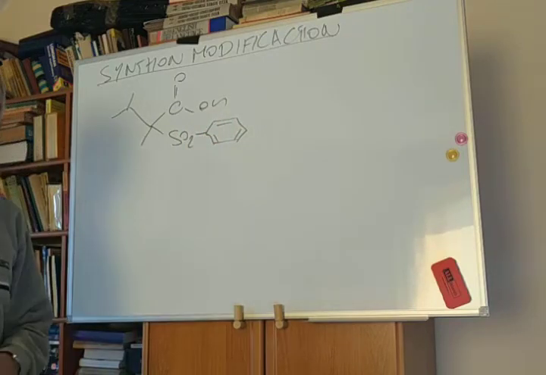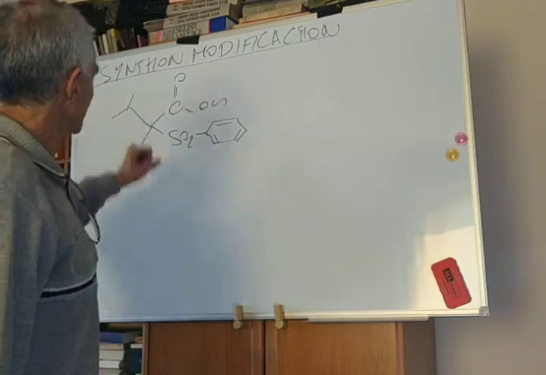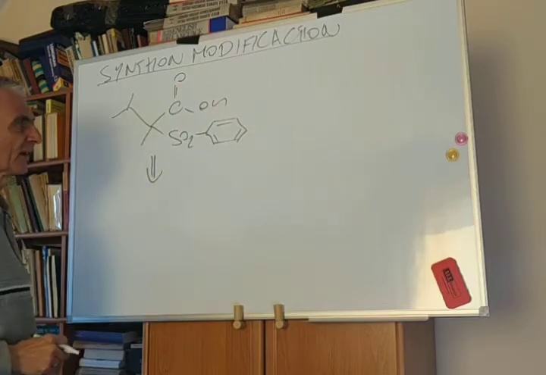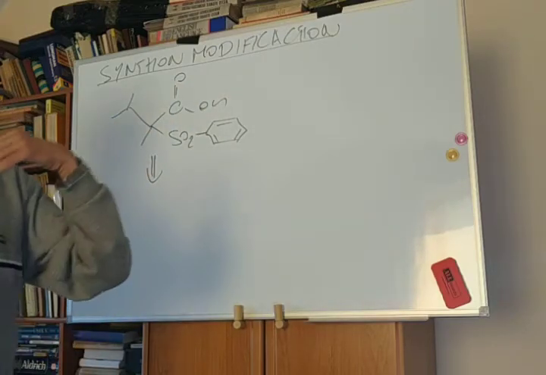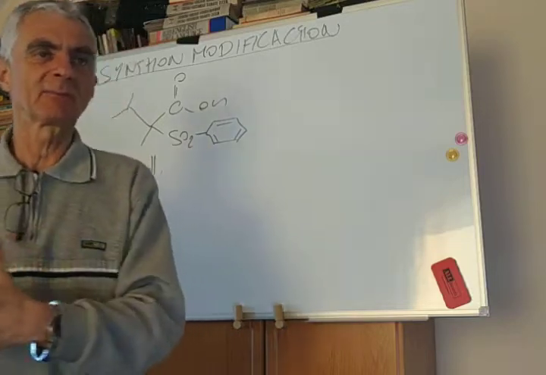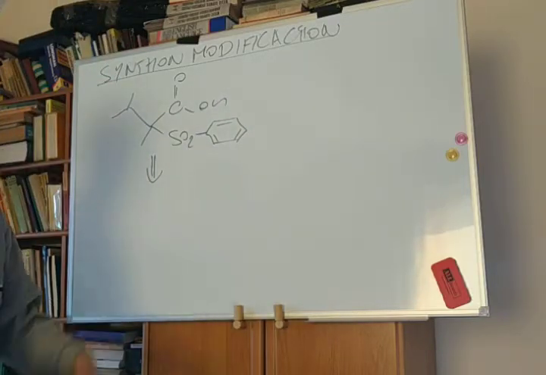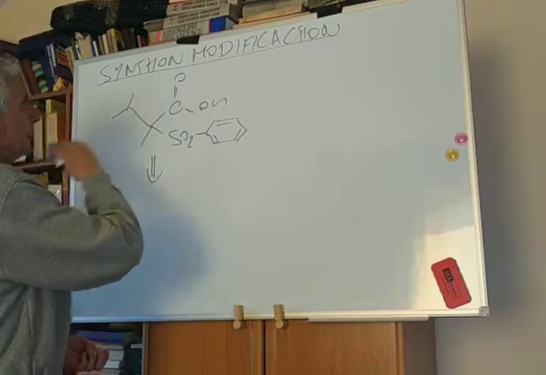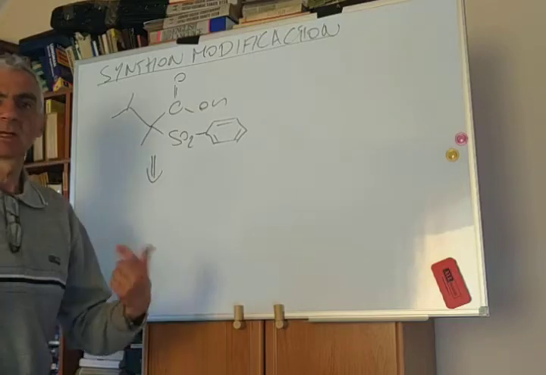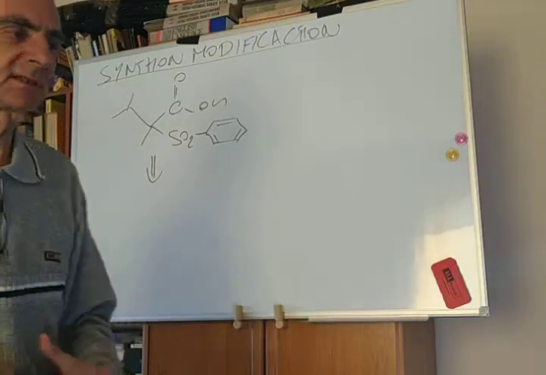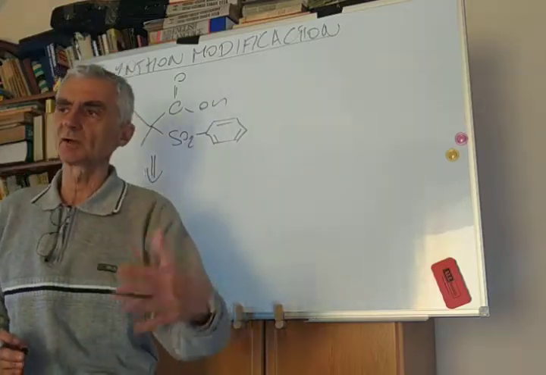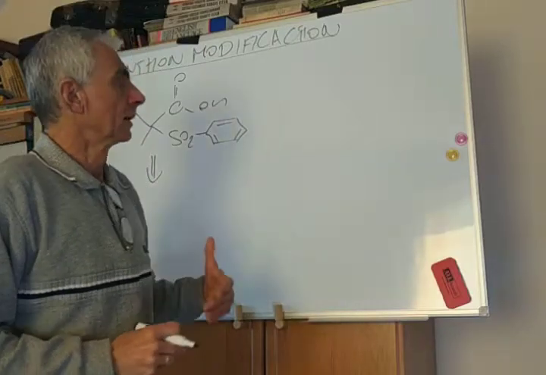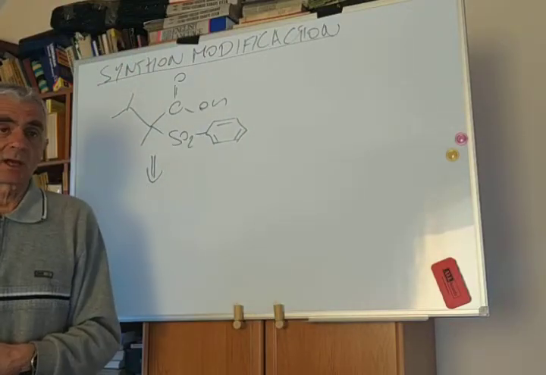So, this derivative of carboxylic acid is a lovely molecule for disconnection because of this functionality, which provides a variety of potential disconnections, a variety of potential operations in organic synthesis. So, let's say that we would like to use these synthetic schemes that we are already acquainted with, which we studied basically during our third year course.